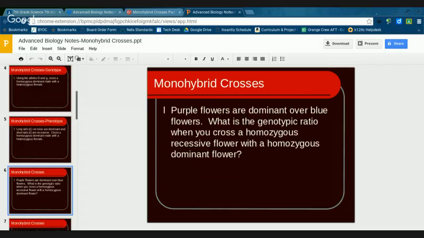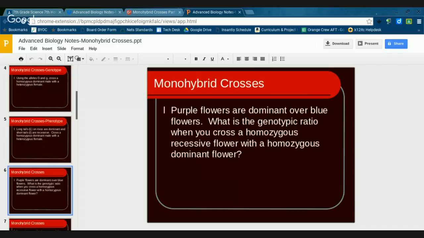So you've got a genotypic ratio. You're crossing a homozygous recessive flower, so it's going to have two recessive alleles. I forgot to tell you which allele to use, so let's say you use B. That particular one would have two lowercase alleles, or two recessive alleles.